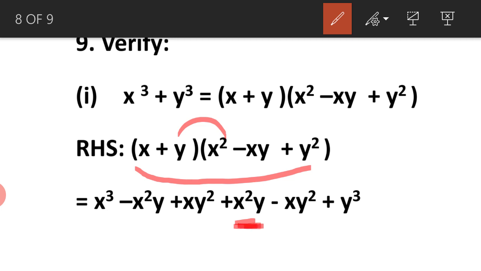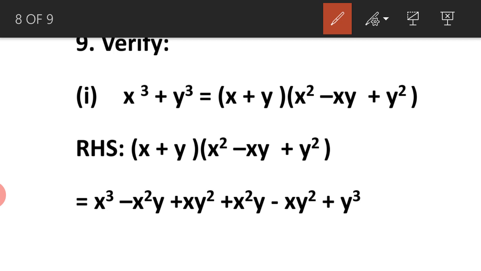Are you getting? Instead of writing y x square, can I write it as x square y? Then y into minus xy will be minus xy square. Then y into y square will be y cube. Is it okay?